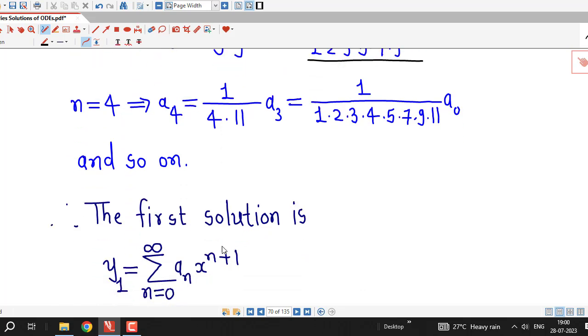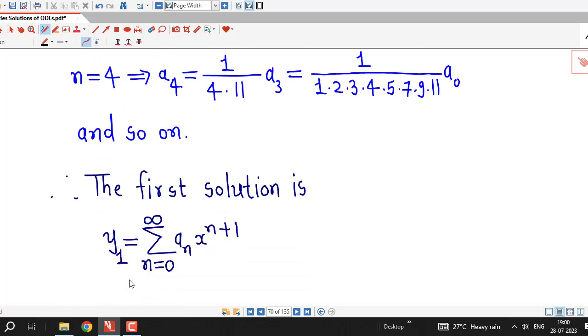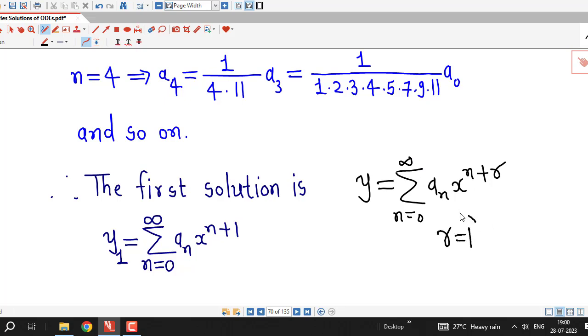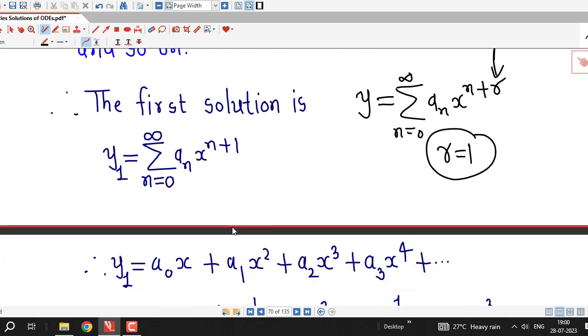The first solution I have denoted by y1, and our solution is in this form: sigma an x raised to n plus r, n equal to 0 to infinity, and this I am writing for r equal to 1. So here I have taken r equal to 1 and I can write a few of the terms of this solution. If I take n equal to 0 I have a0 x, for n equal to 1 I have a1 x square, a2 x cube and so on.